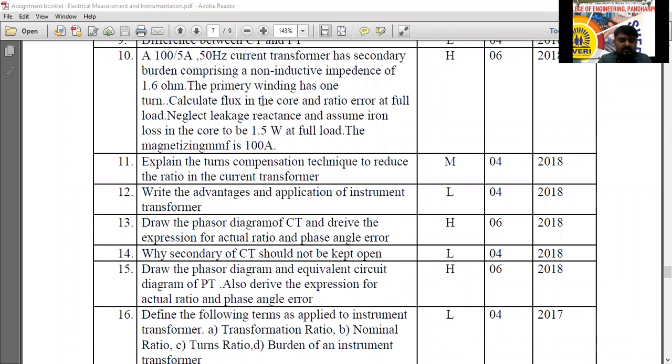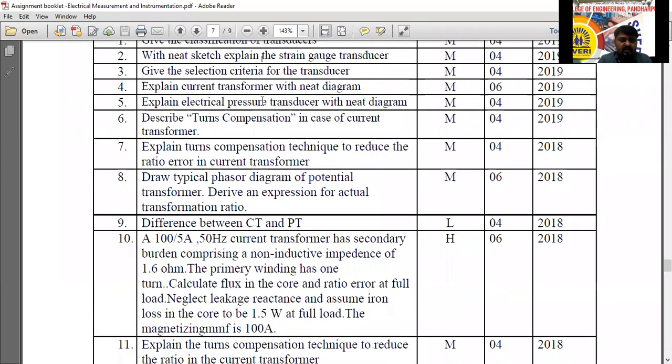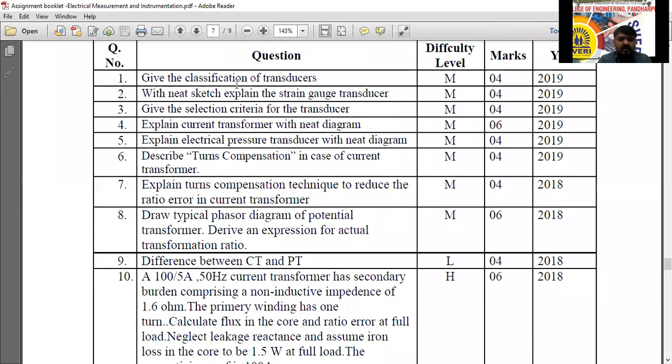Is it clear? Once again, I will repeat. Question number 1, give the classification of transducer. Question number 4, explain the current transformer with neat diagram. Next, question number 8: draw the typical phasor diagram of potential transformer and derive the expression for actual transformation ratio. Question number 9, difference between CT, current transformer, and potential transformer.